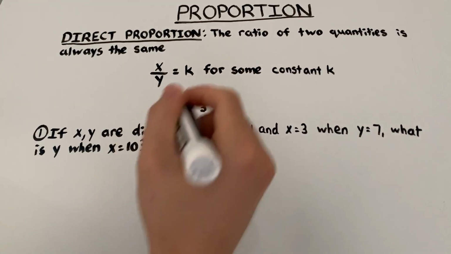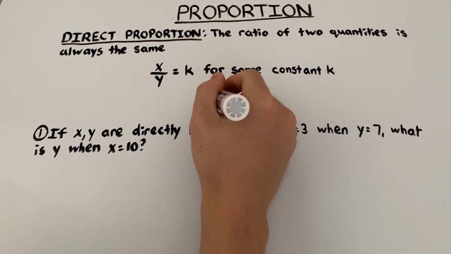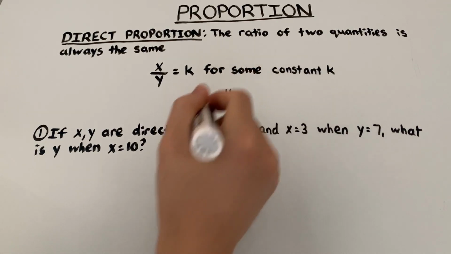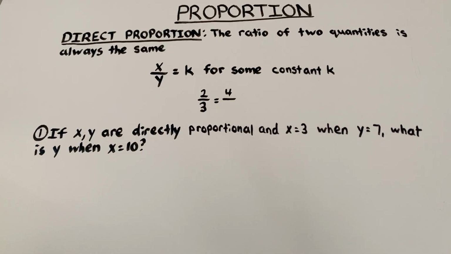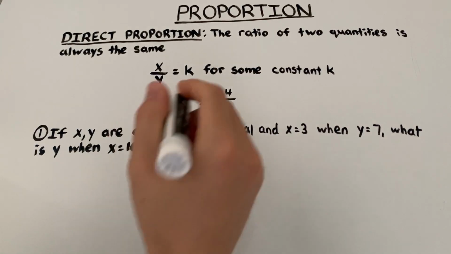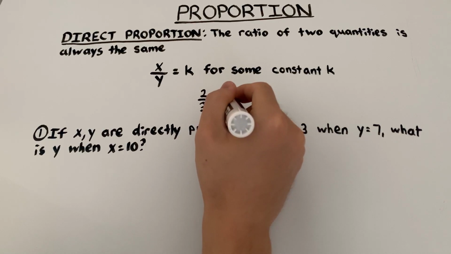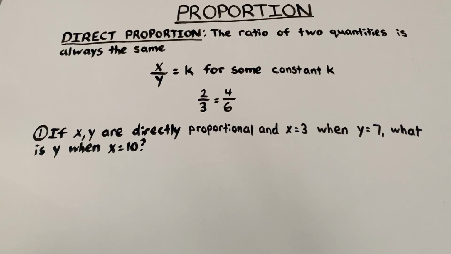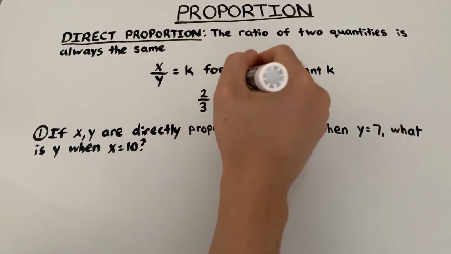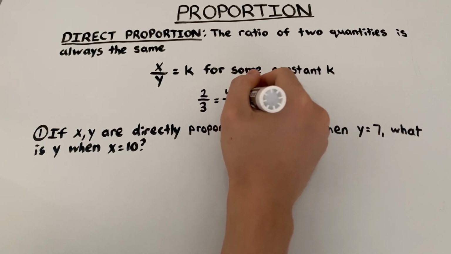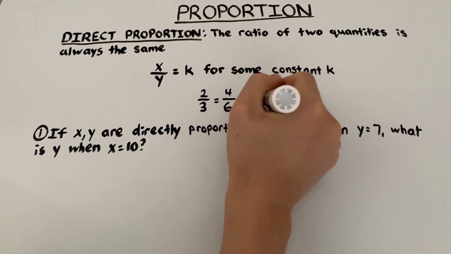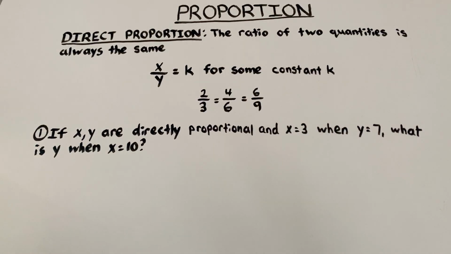But let's say that 2 increases to a 4. Well, if the 2 increases to a 4, then the 3 must increase to a 6 to keep the ratios balanced. And once again, if the top increases to a 6, then the bottom has to increase to a 9 to balance everything out.